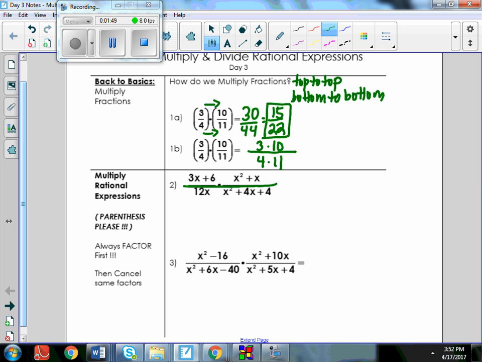I could even stop here and say that 4 and 10 are both even. So I could reduce this one to 5 and reduce this one to 2. And then I would still get 15 over 22. And it's already reduced.